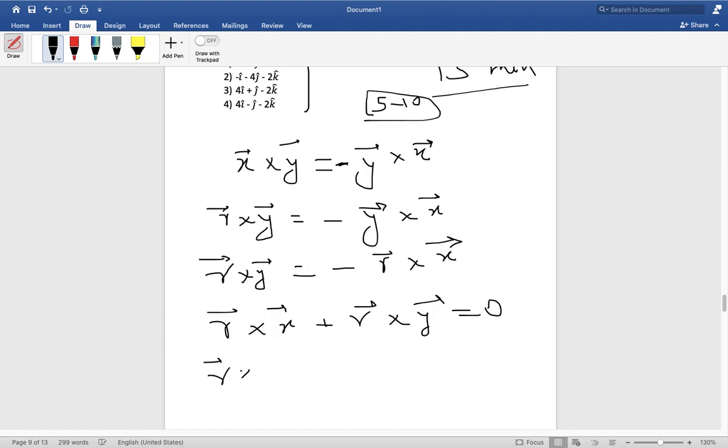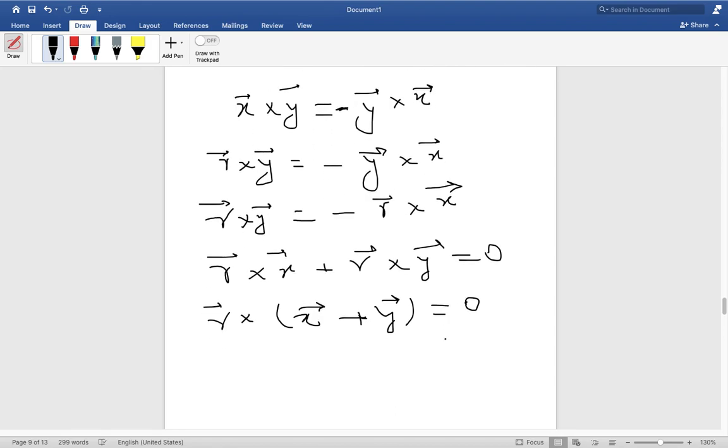Take r common. So the cross product is 0. Cross product is 0, that means these two vectors are parallel to each other.